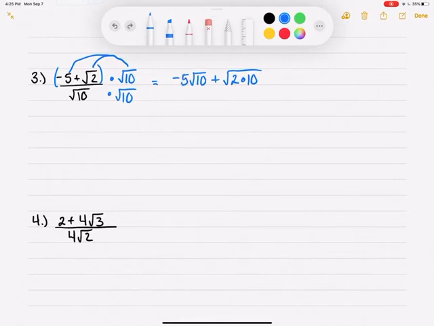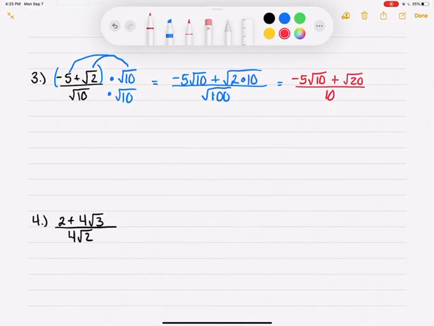Okay, so we put both of those inside one radical. In the bottom of my fraction in the denominator, I have the square root of 10 times 10, which becomes the square root of 100. In the numerator, I have negative 5 times the square root of 10 plus the square root of 20 over the square root of 100, which is 10.